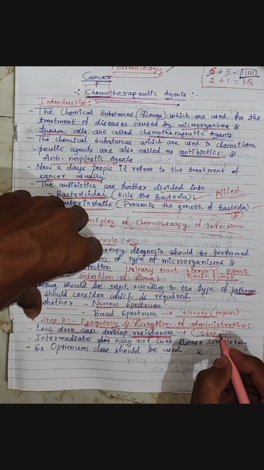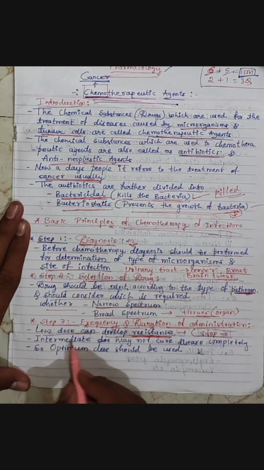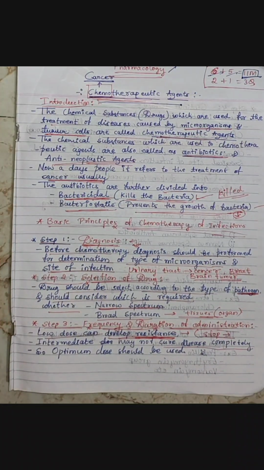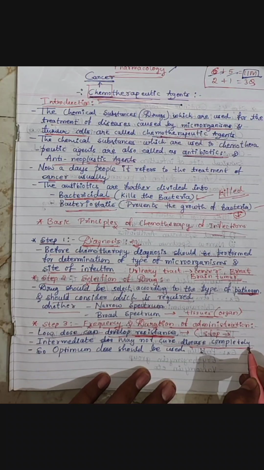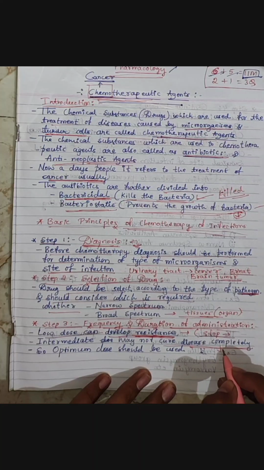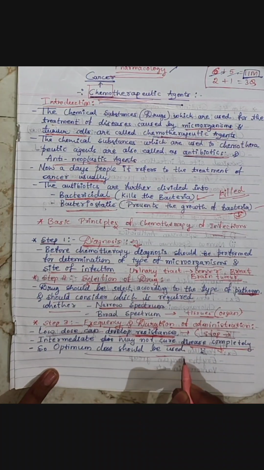And an intermediate dose may not cure the disease completely. Sometimes intermediate drugs are given, which can give immediate relief, but do not cure the disease completely. So the optimum dose should be used.